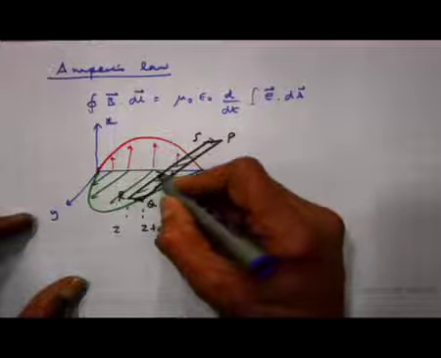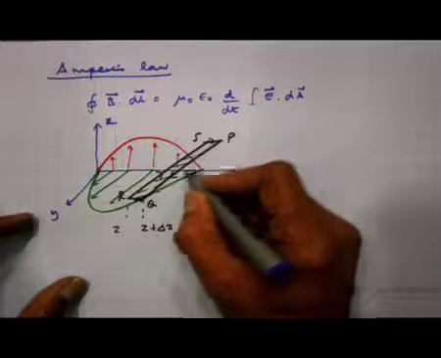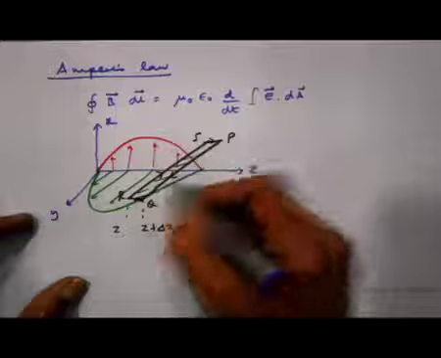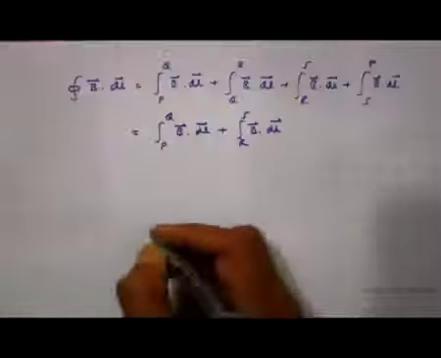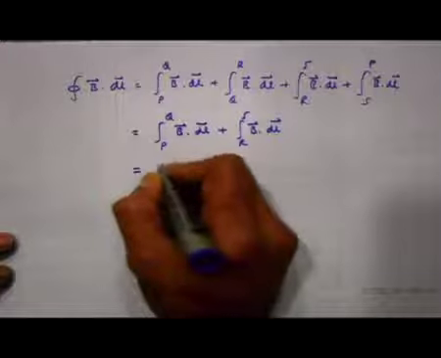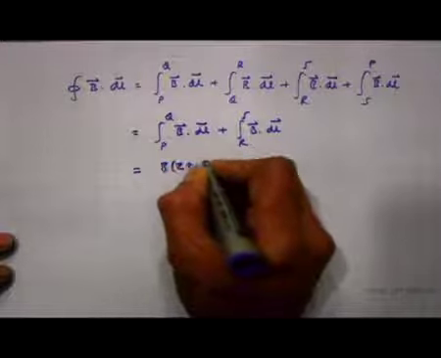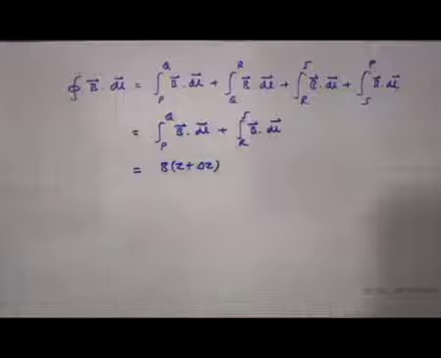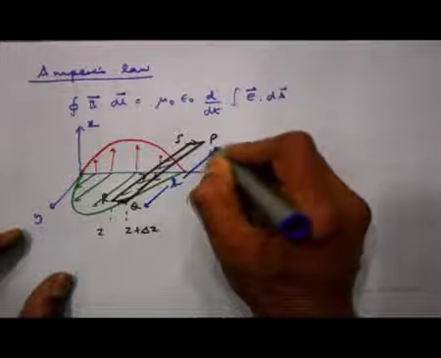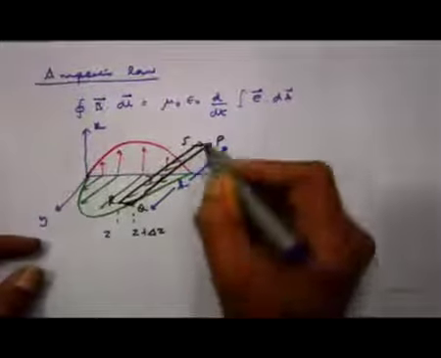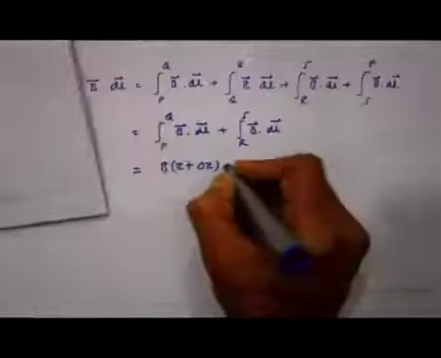Here the magnetic field is at z. The direction of the magnetic field is along the path of integration, so B dot dl is B dl. Similarly, here I can calculate B dot dl. So, I will get B at z plus delta z into, again I will assume that this distance is h as before. So, B at z plus delta z into h.